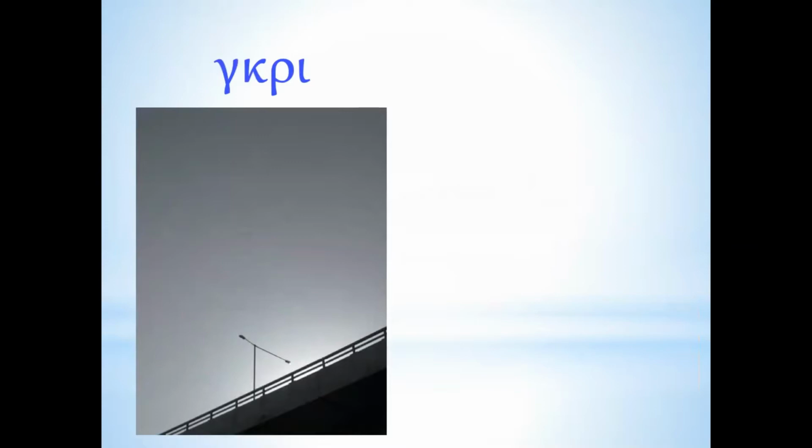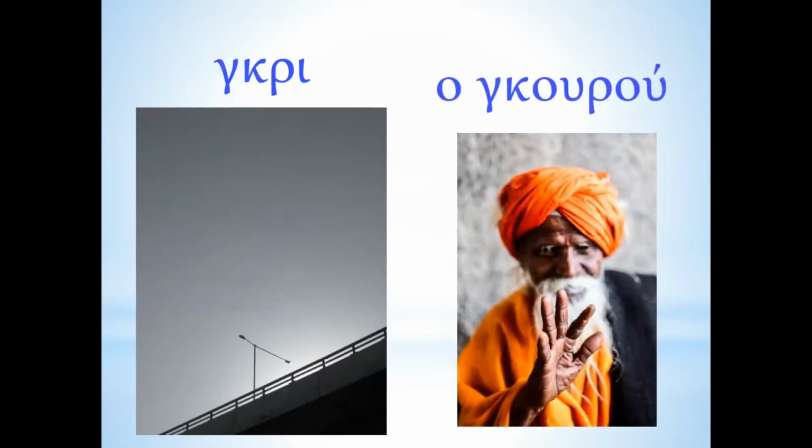So gri, as in gray, the color gray, will be written gamma kappa, and that is g, gri. Even if I want to say o guru, it's not gu, it's gu. So the guru. Gu again is gamma kappa, o guru.